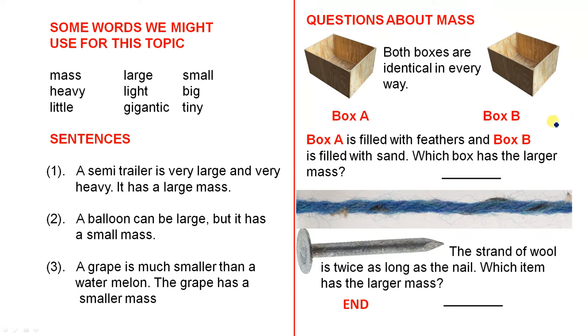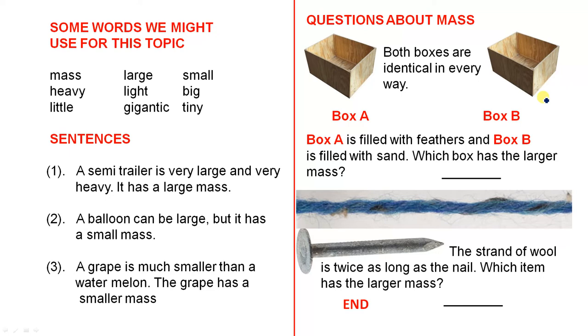Here are some interesting questions now about mass. Here we have 2 boxes. Both boxes are identical in every way. So every single feature of these boxes is the same. There is no difference between box A and box B. Now look at the important information. Box A is filled with feathers.